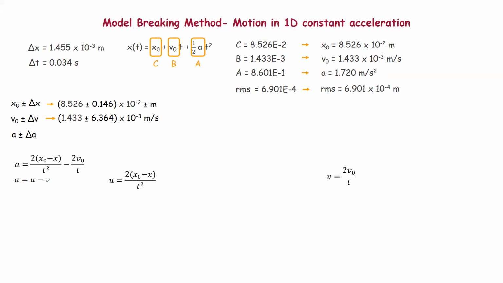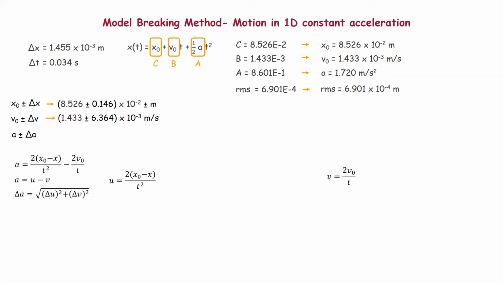If you have errors in u and v because you have errors in x, t, and v0, you can calculate delta A. In the formula for this, if you know delta U and delta V, delta A is going to be the square root of delta U squared plus delta V squared.